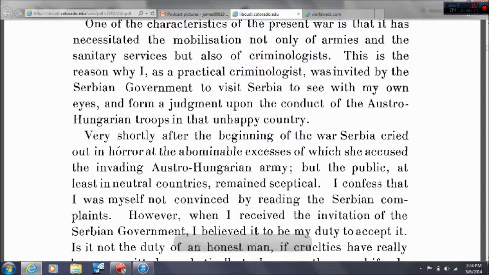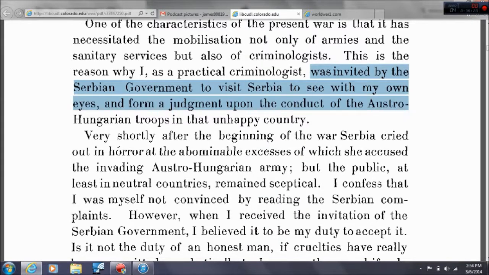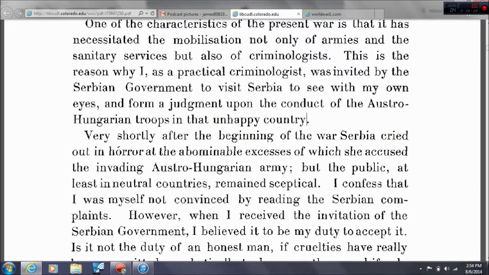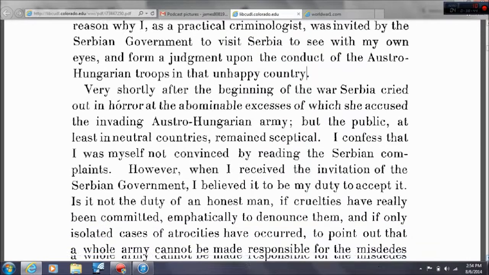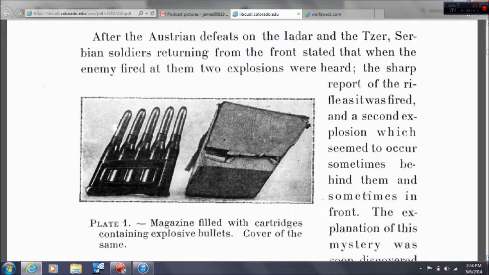Again, he was invited by the Serbian government to visit, to see with my own eyes and form a judgment upon the conduct of the Austro-Hungarian troops in that unhappy country, what I just cited. R.A. Reiss notes that he did not at first believe the complaints by the Serbians, but agreed to go anyway. Okay, so he notes that, and that's this. Oh, I went too far. Sorry.